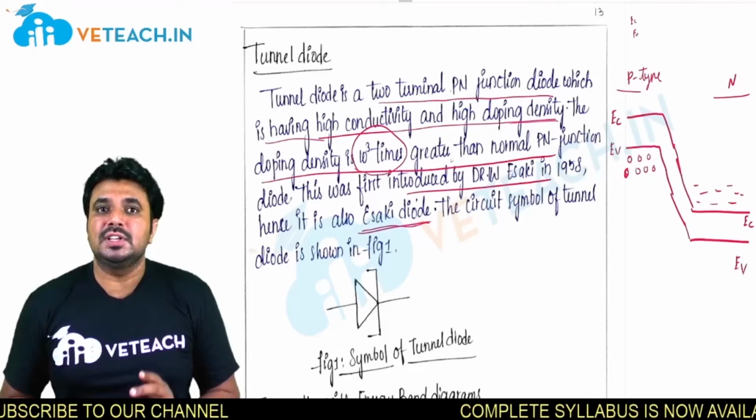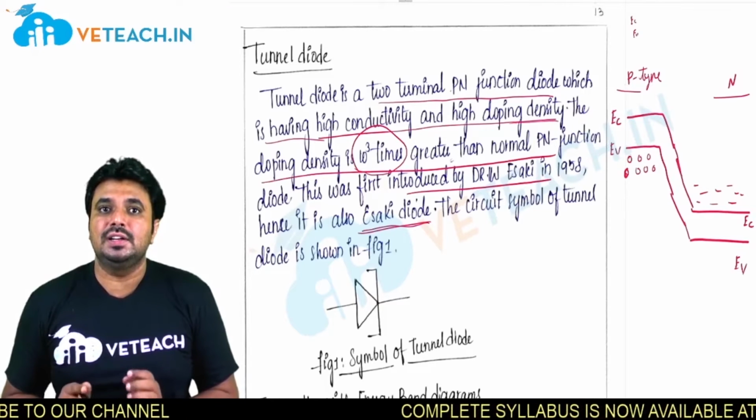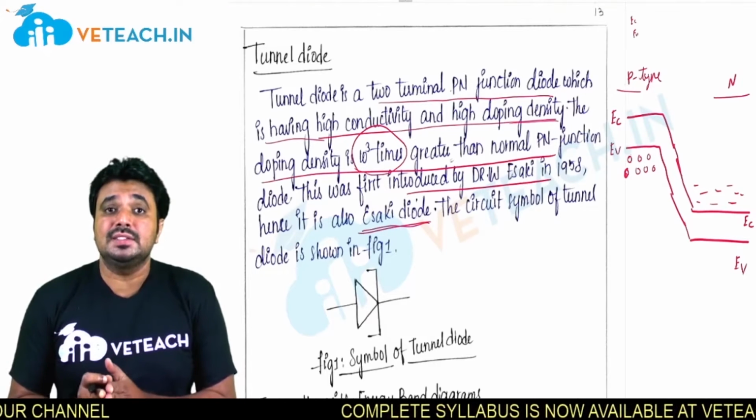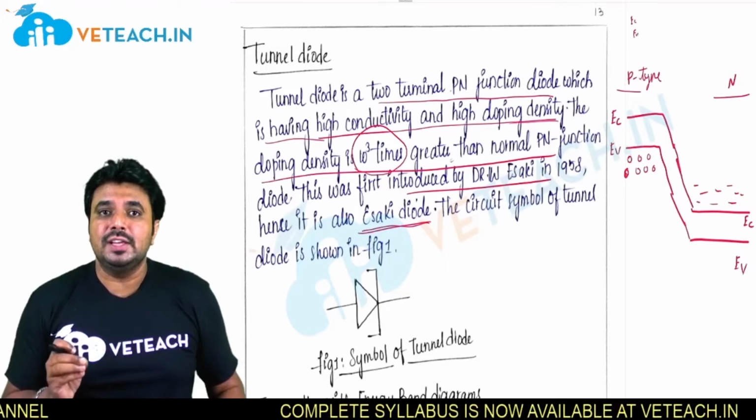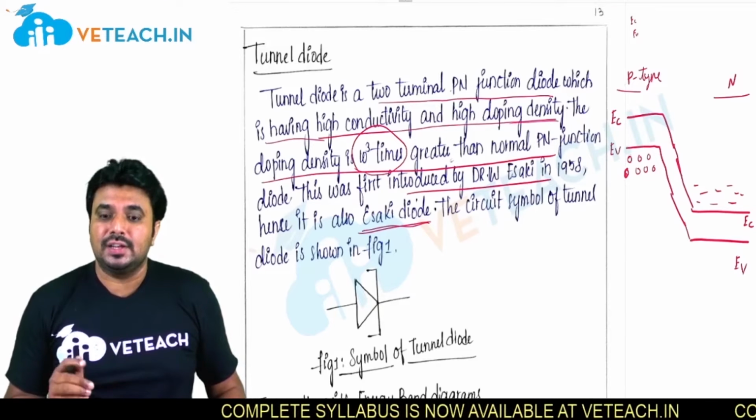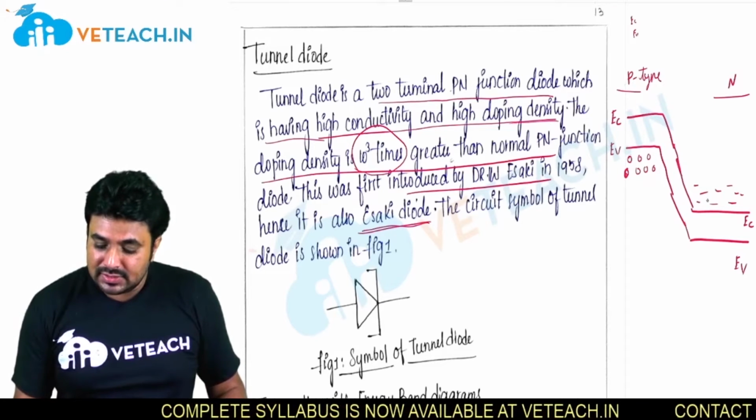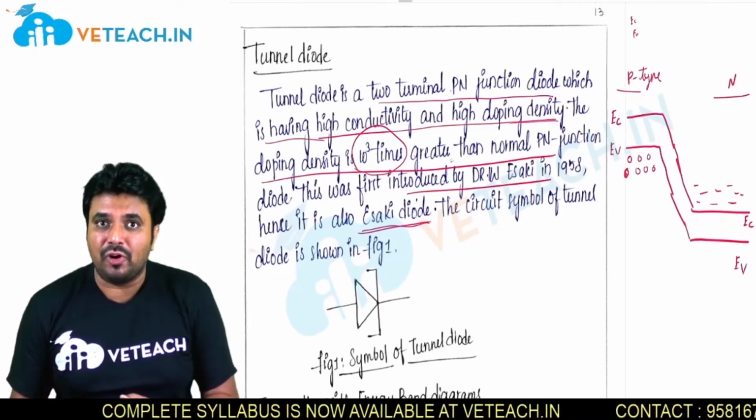In the second case, the applied voltage is less than the cut-in voltage. Then the energy band goes in the upward direction.